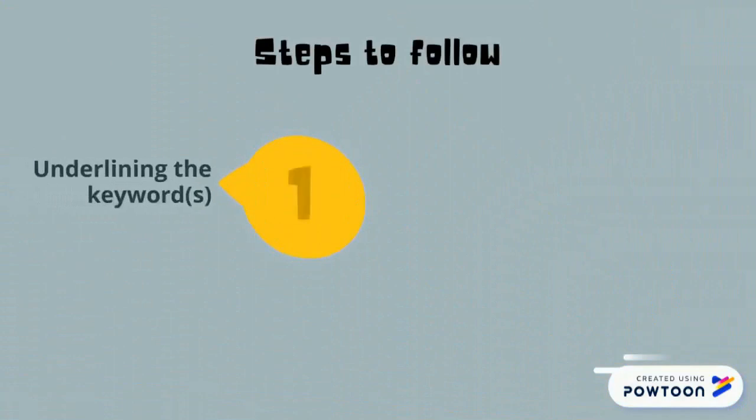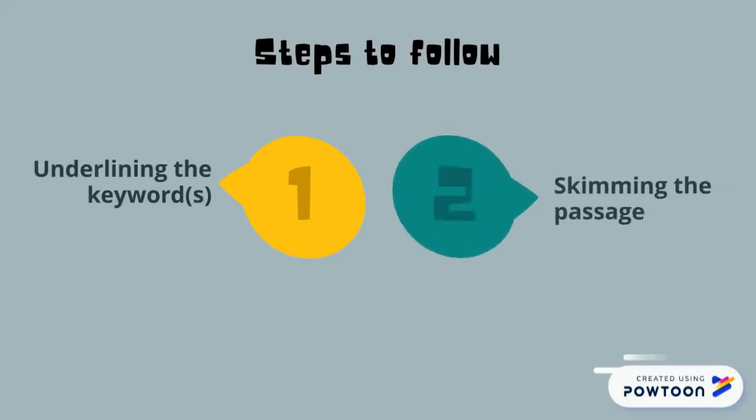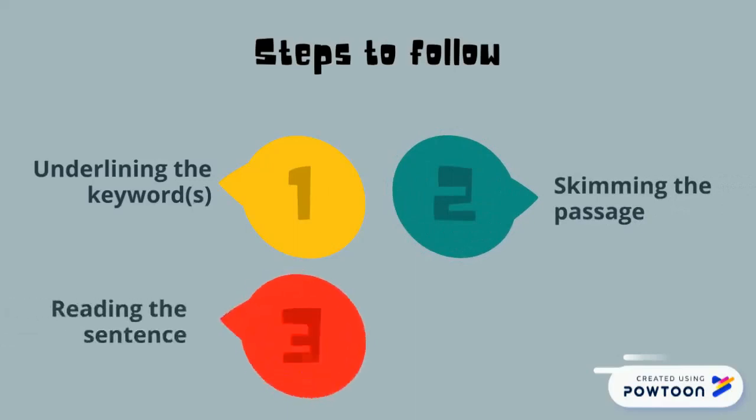Now let's look at steps helping you deal with this type of questions. Step 1. Choose and underline the keywords in the question. Step 2. Skim the appropriate part of the passage for the keyword or the idea. Step 3. Read the sentence that contains the keyword or the idea.